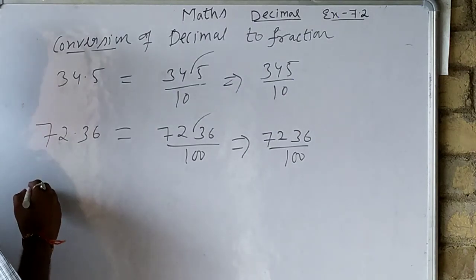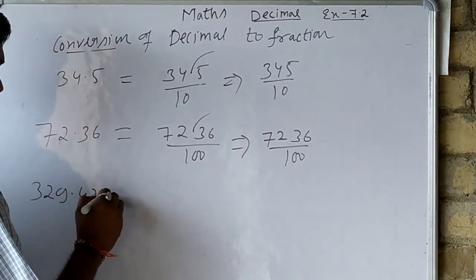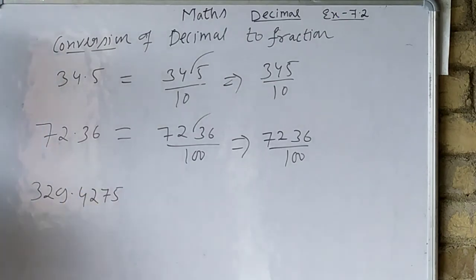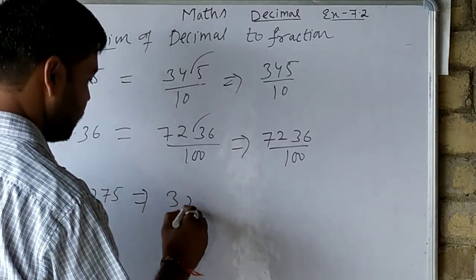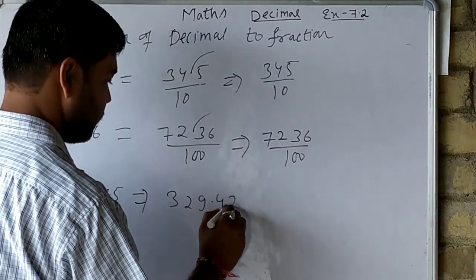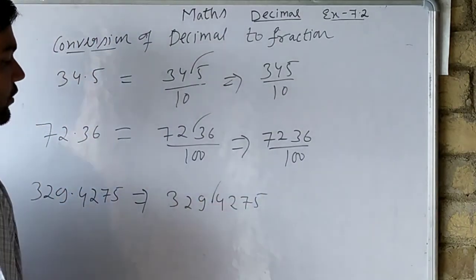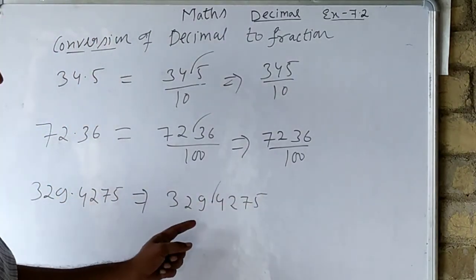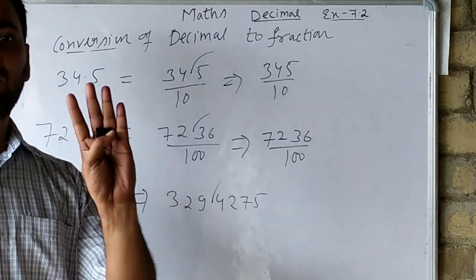Understand? So if we have 329.4275, okay, now what will we do? If we remove the decimal, then we have to count how many places it will be shifted. 1 2 3 4. How many places? 4 places.